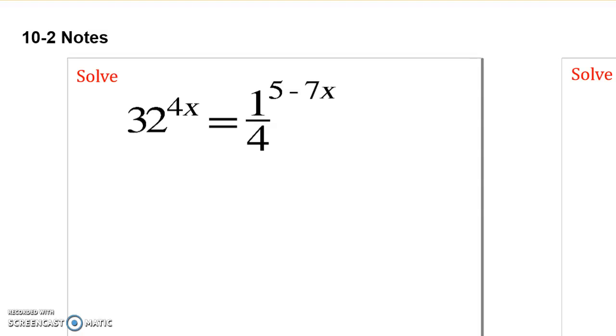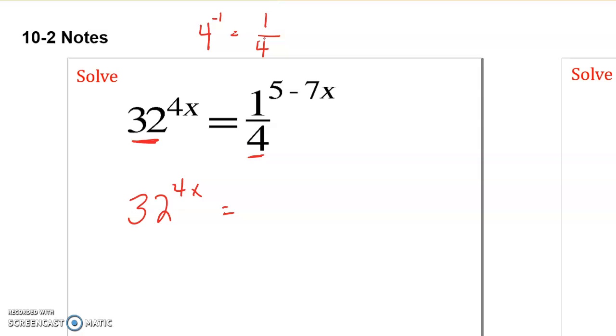So I do have 32 and I have 1/4. Fractions are scary. So one thing we're going to do is get rid of this fraction right away. And this is very important because people will forget. Fractions scare me. I can get rid of a fraction because remember in the last unit, 4 to the negative 1 was 1/4.